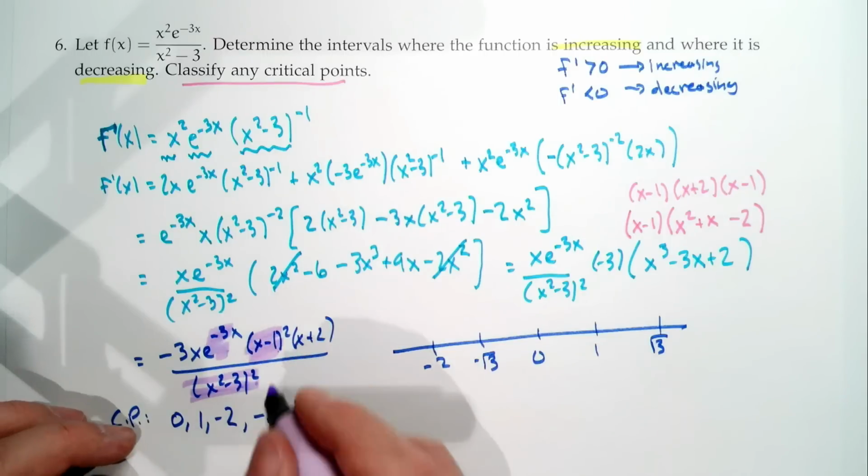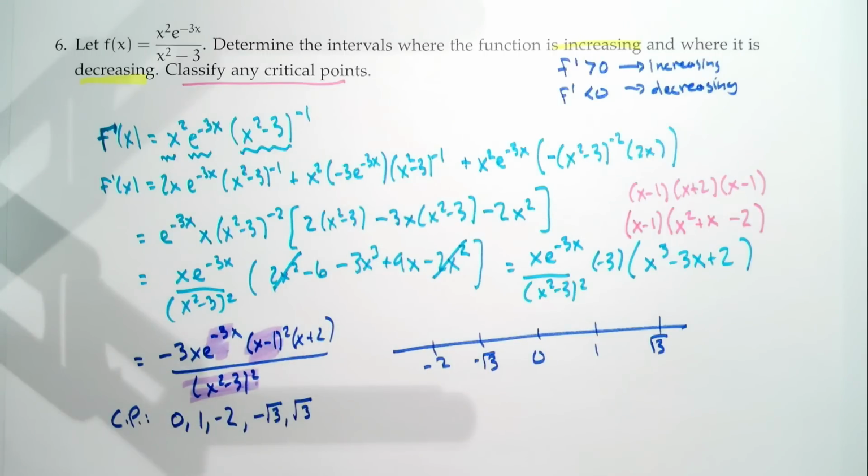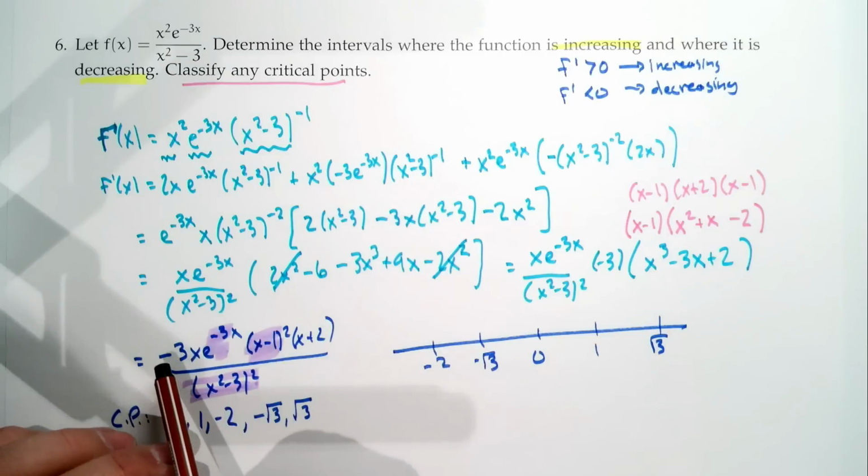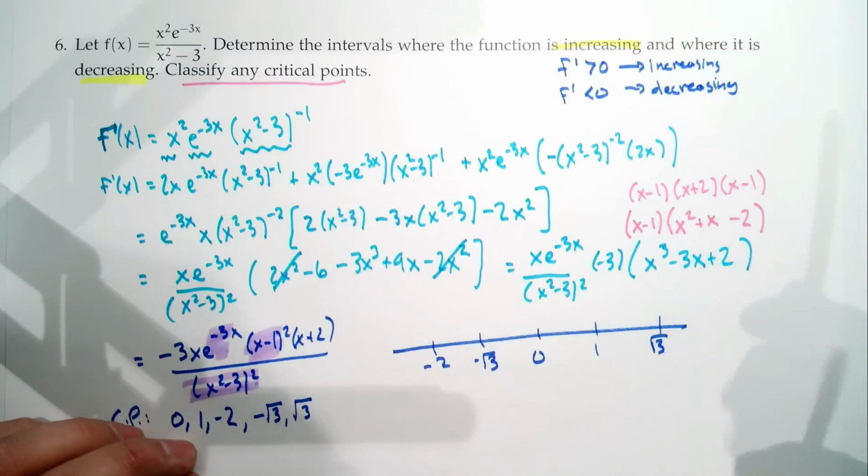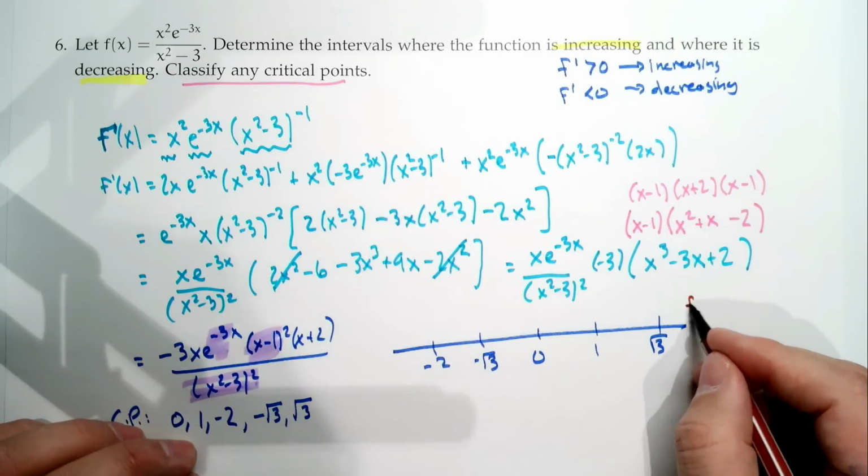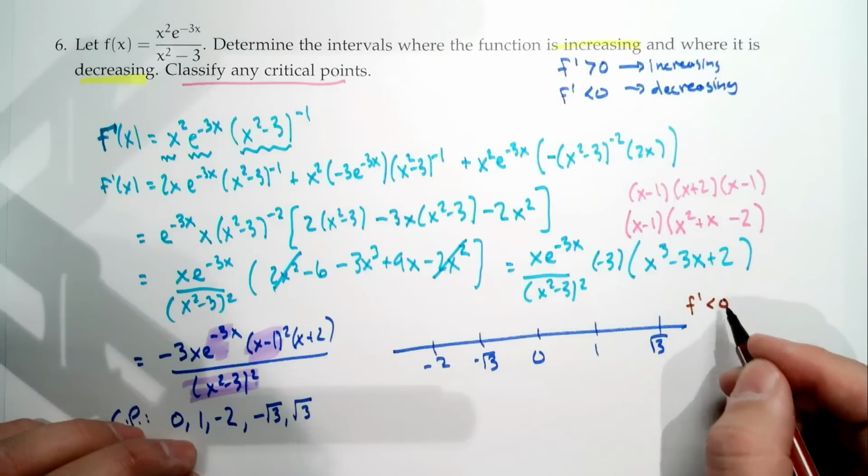The x minus 1 squared is always positive. So the only thing that really determines the behavior is the negative in the front, the x, and the x plus 2. Everything else is positive. So if I pick a huge positive number, I'll get a negative, positive, positive. So that tells me that my derivative is negative.